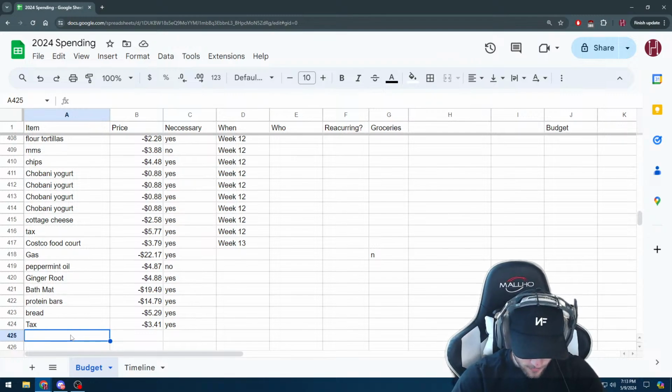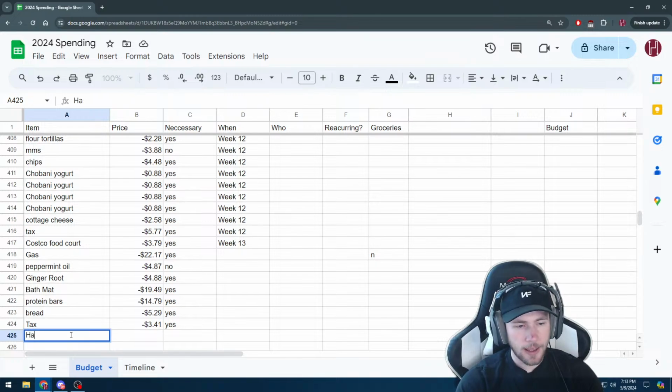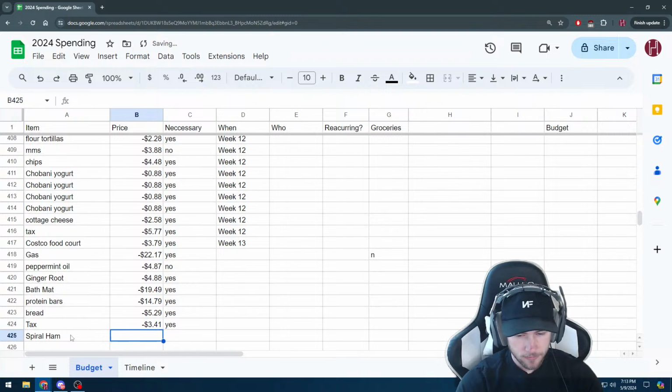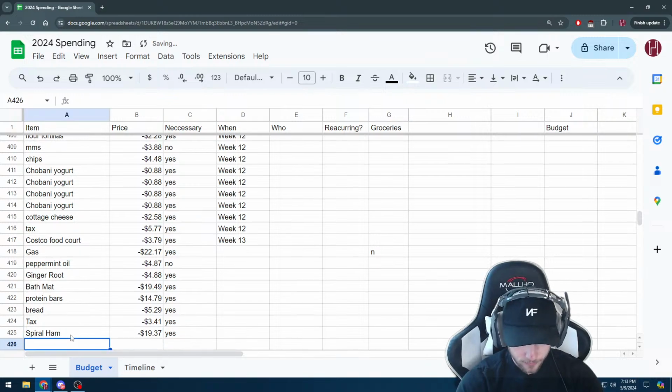Next up. This is Spiral. 19.37. That's all we got.